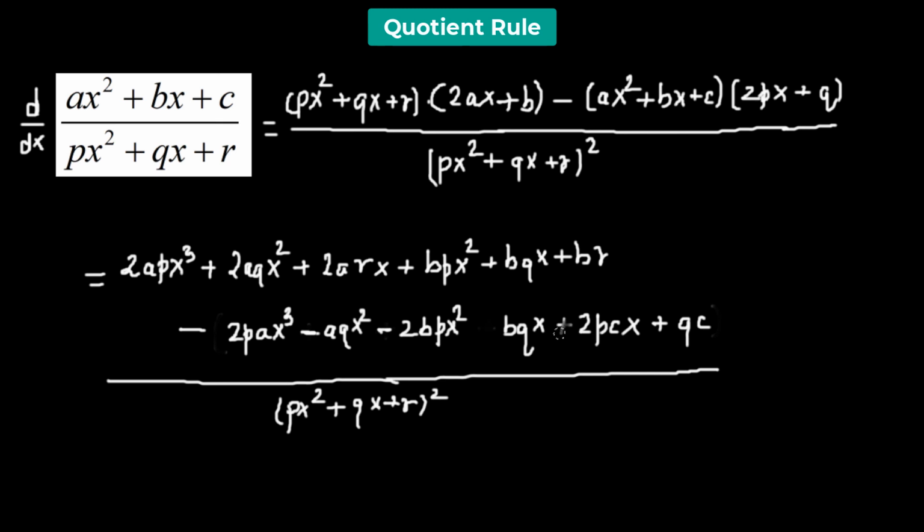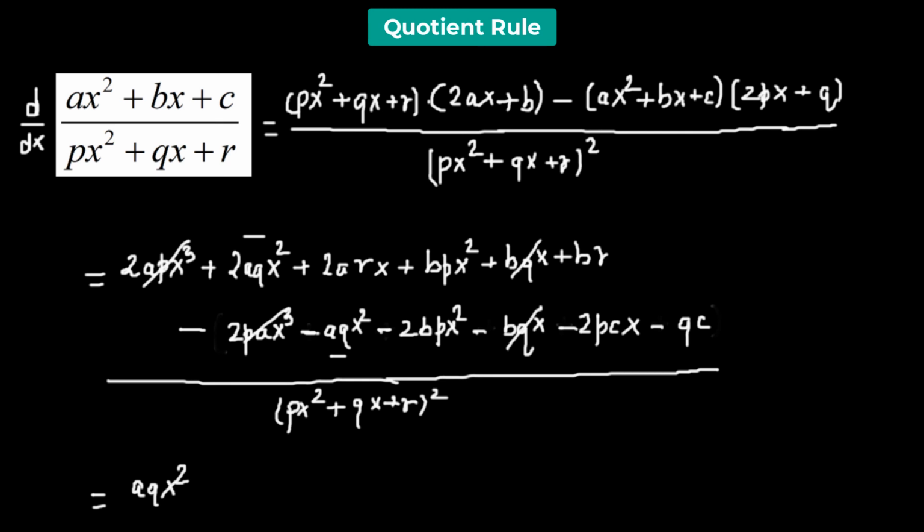So let's remove all the positive signs and replace it with the negative sign. So 2apx cubed will get cancelled. We have 2aqx squared. So this term and this term will combine to give us aqx squared.